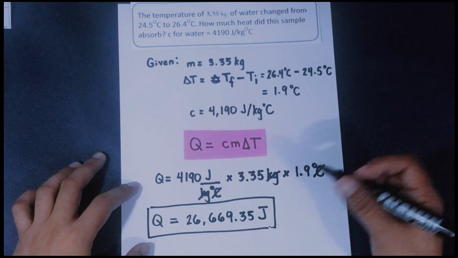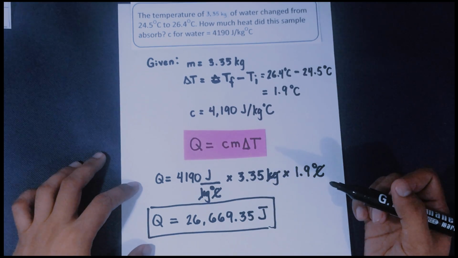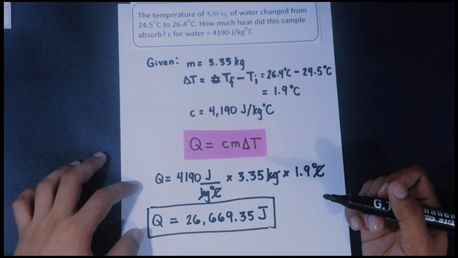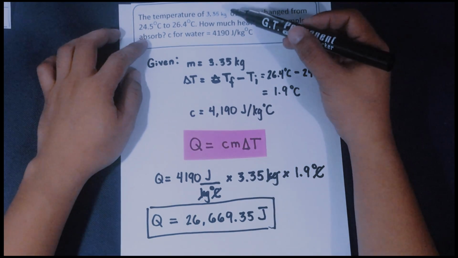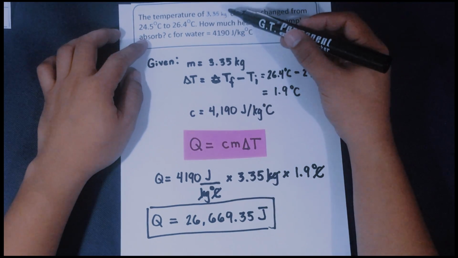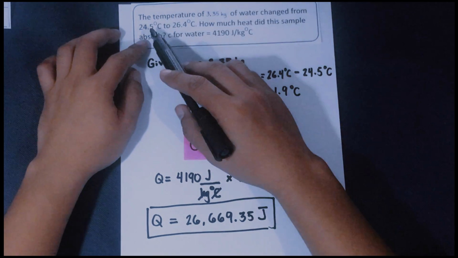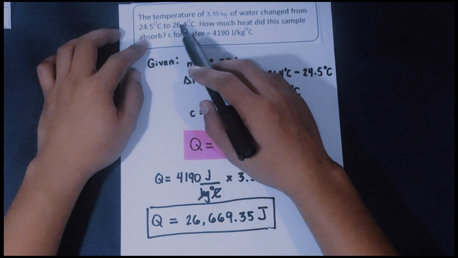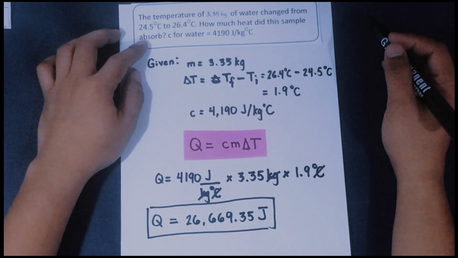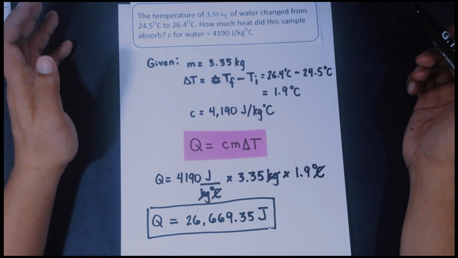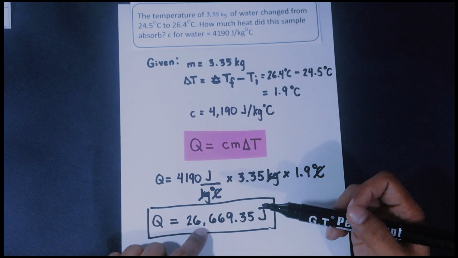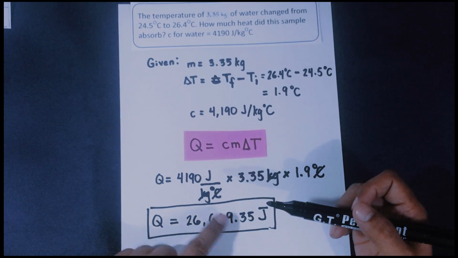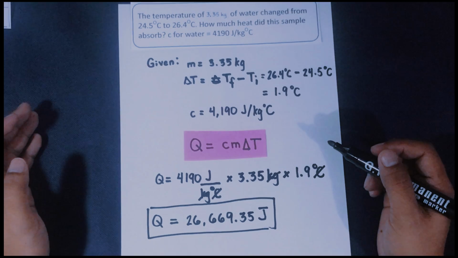So what is the meaning of this number? It means that in order to change the temperature of 3.35 kilograms of water from 24.5 degrees Celsius to 26.4 degrees Celsius, you need to add 26,669.35 joules of heat.